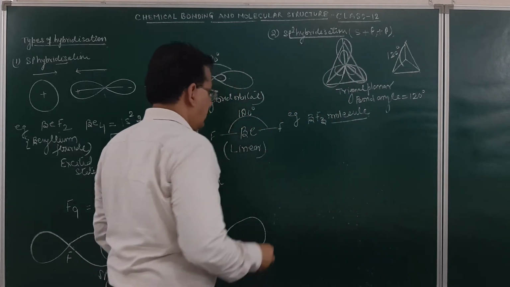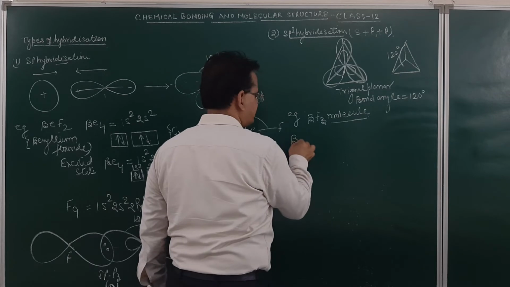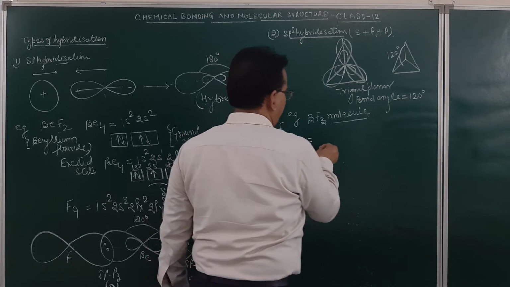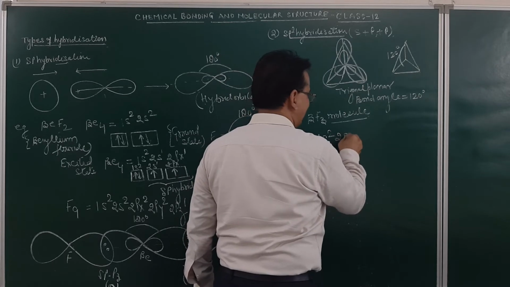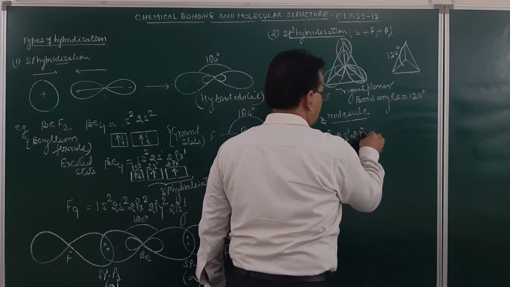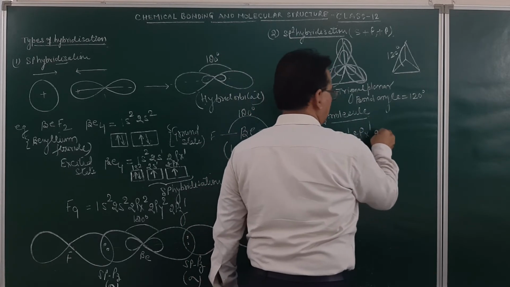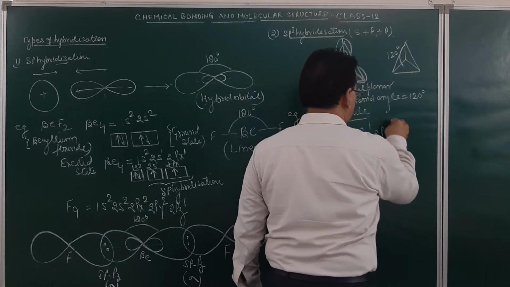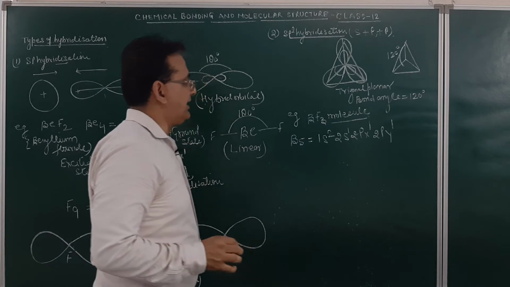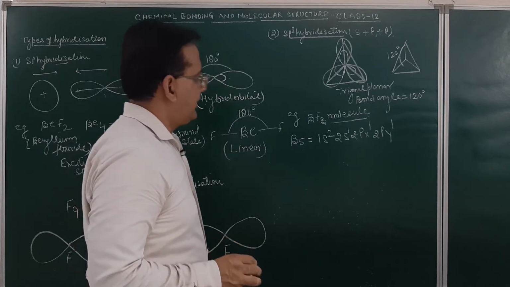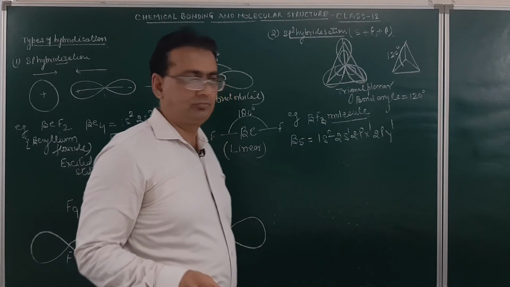boron atomic number is 5. Configuration will be 1s2, 2s1, 2px1, 2py1. Am I clear? And 2pz will be 0.